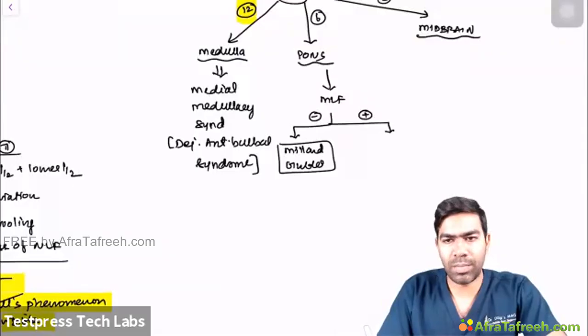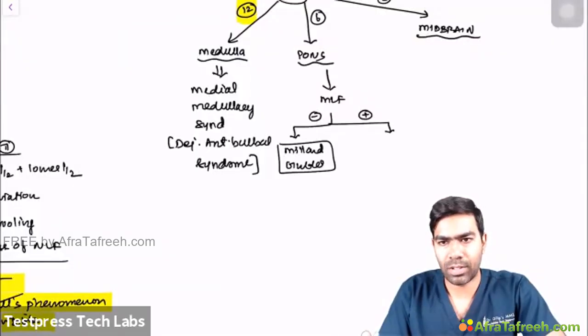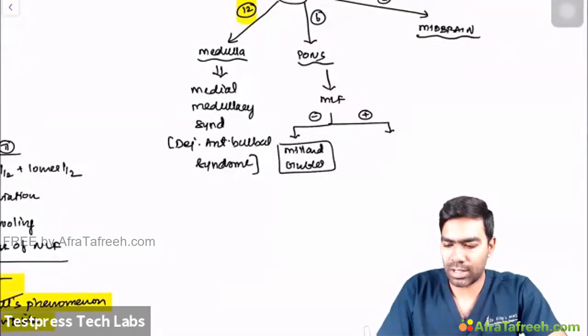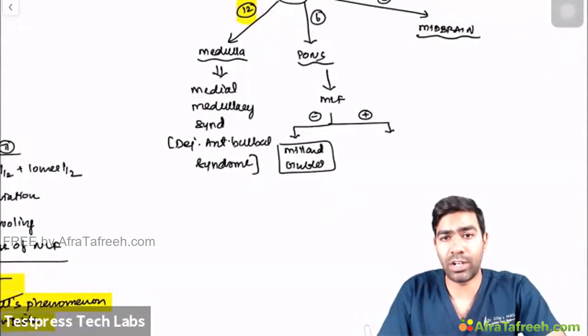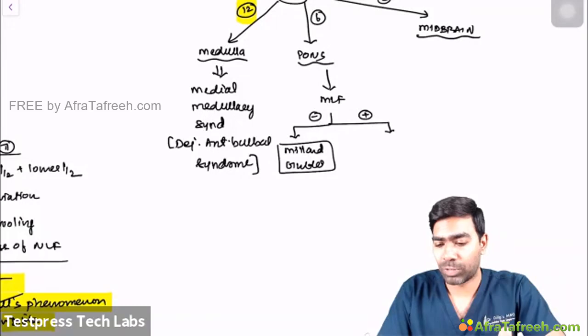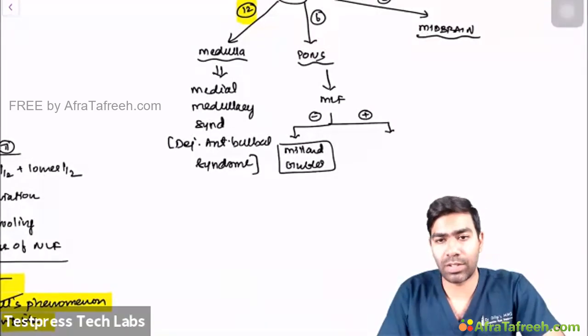So basically, what do you mean by Millard-Gubler syndrome? Millard-Gubler syndrome is a syndrome that will involve, first of all, I need to tell, with the seventh. Most of the time, with seventh or without seventh, that's what I need to tell. Anyways, let us come back to that.